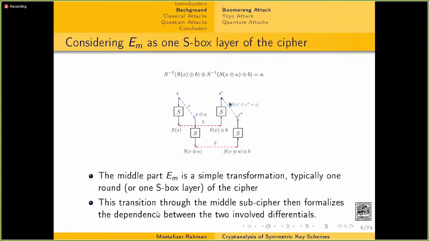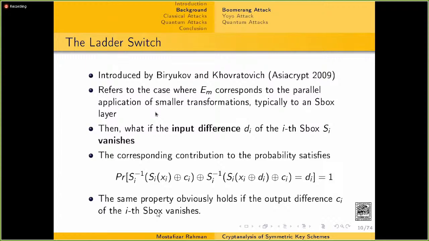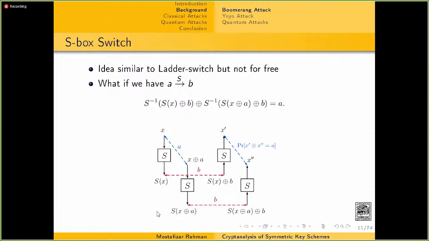The difference here should always be the same, so again we get the same differential here, the same difference here. So these are the two special cases. In the case of the ladder switch, as we don't have to pay any probability, this occurs deterministically. Whereas for the S-box switch, we have to pay probability for only one layer, one plane actually.